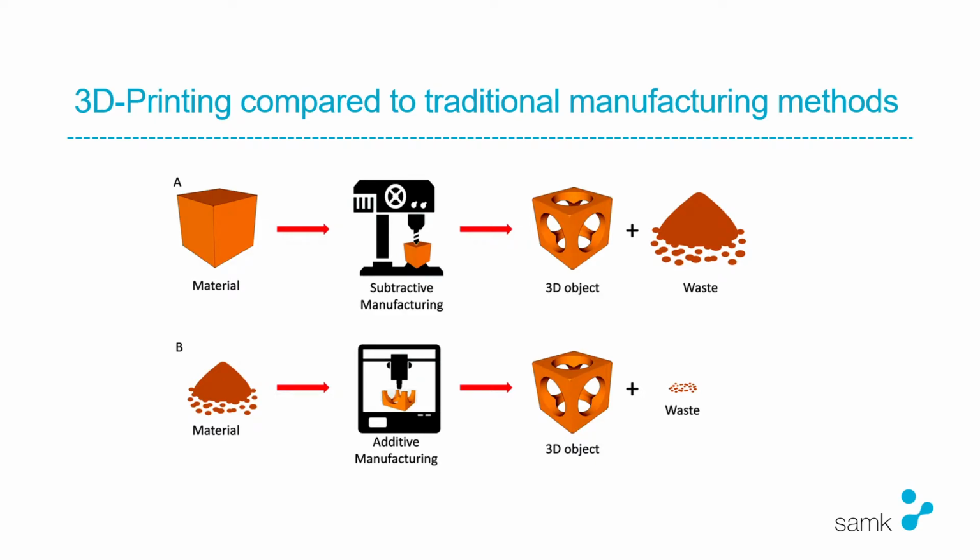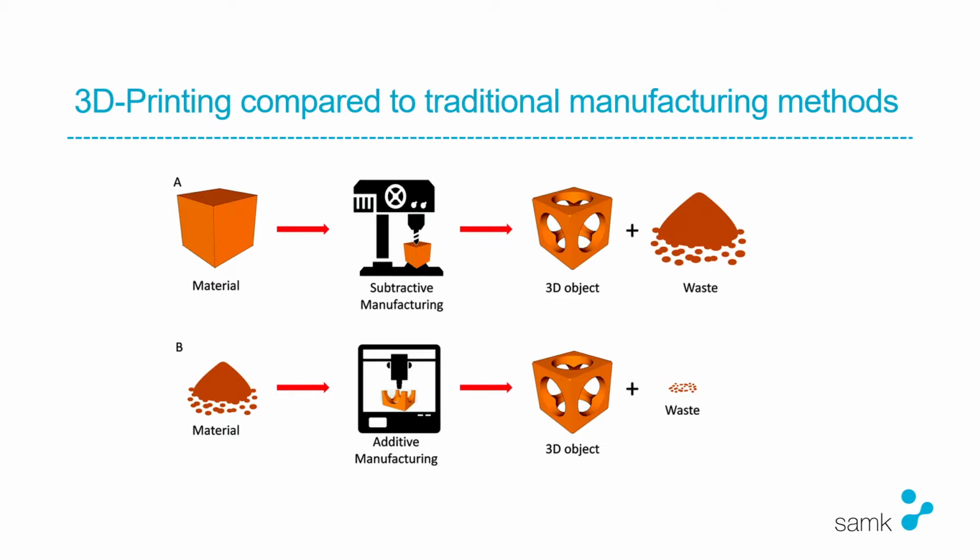So basically the 3D printer will use that material, that powder or that plastic filament or that resin, and create the object out of that, which then again causes a lot less waste because there isn't much that needs to be subtracted.